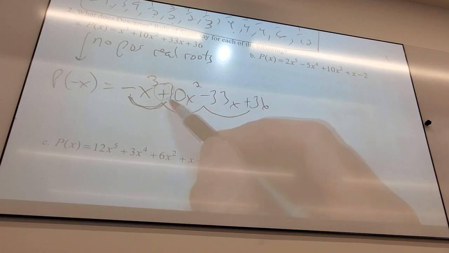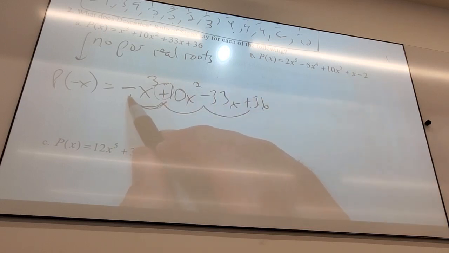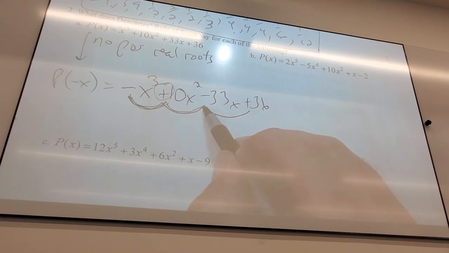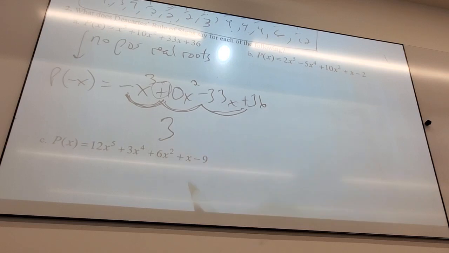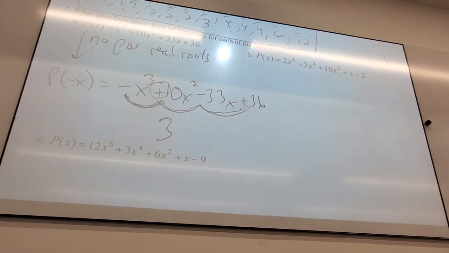A positive, yes? So that's negative. Did the sign change to the next term? Yes. Did the sign change to the next term? Yes. Did the sign change to the next term? Yes. So I see 3 sign changes. So there could be 3 negative real roots or lower. Smaller. Less. 1.